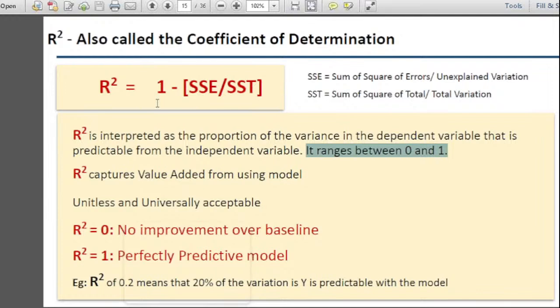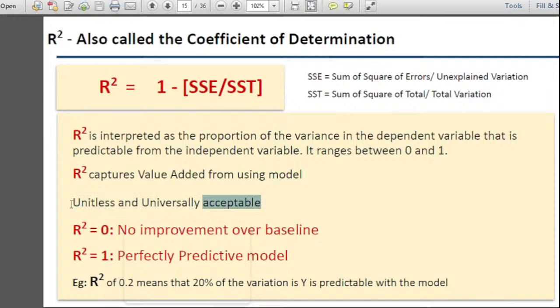So maximum it can go to 100% and minimum it will be 0. So R square lies between 0 and 1. Clear? And it clearly captures the value added, right? The value that my regression line is able to add over the base model. It captures that, right? Unitless and universally acceptable.